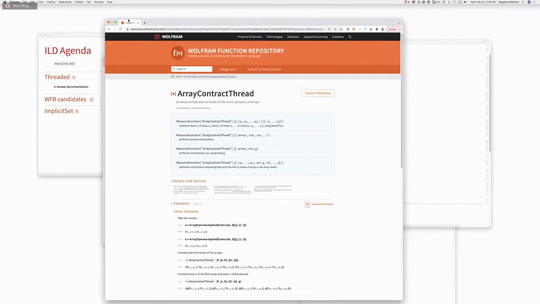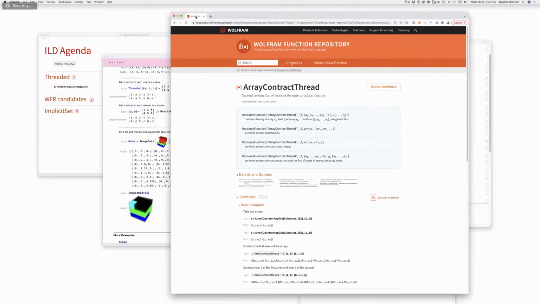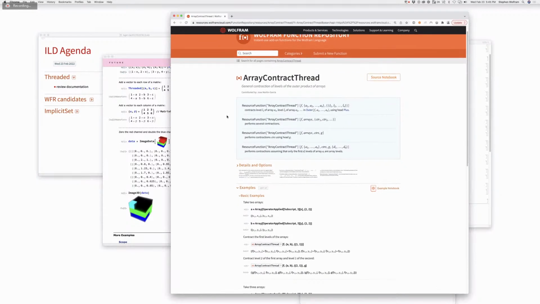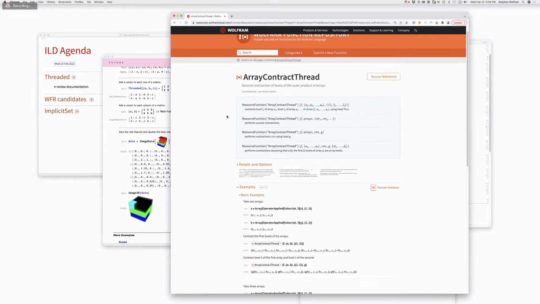In other languages, they have a function called einsum, which has the same level of generality as this one, but they use indices and this uses numbers. I see. So this is a generalization of inner in some sense. Of inner, map thread, outer, all of them, threaded even.